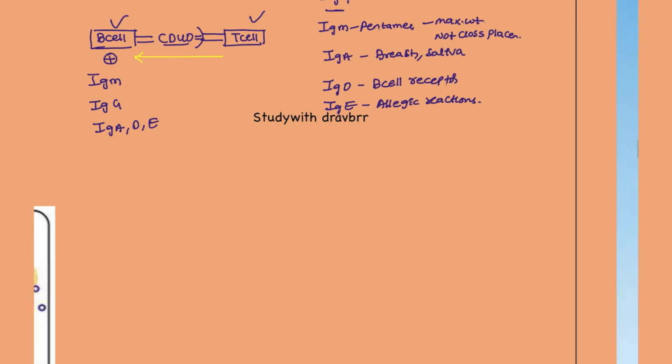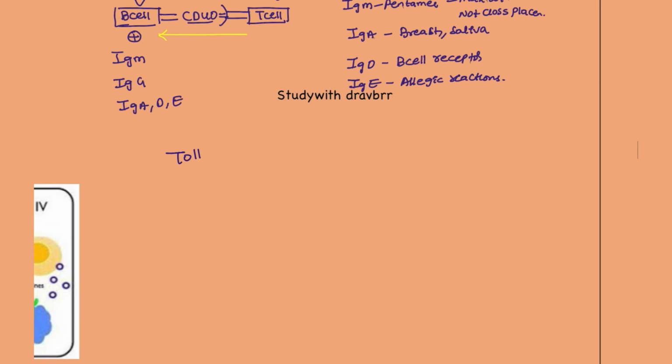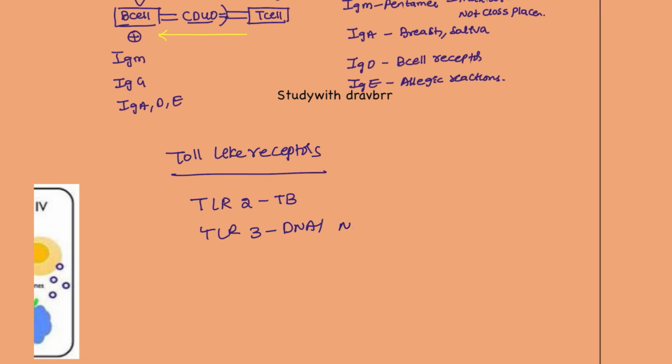Next, we also have the toll-like receptors, which protect us from different types of infections. For example, toll-like receptor 2 is for TB. Toll-like receptor 3 is for DNA viruses and RNA viruses.